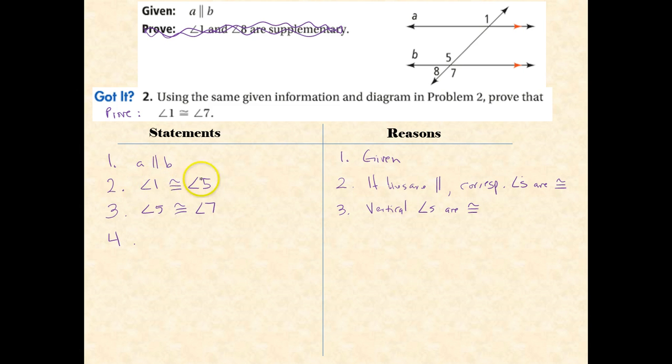And now I have the setup for the transitive property of congruence. 1 is congruent to 5, 5 is congruent to 7, so angle 1 is congruent to angle 7 by the transitive property of congruence. Got my prove statement, so I'm done. Q, E, D. Ding!